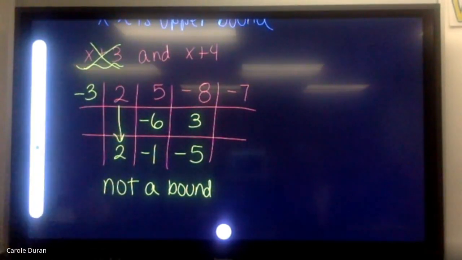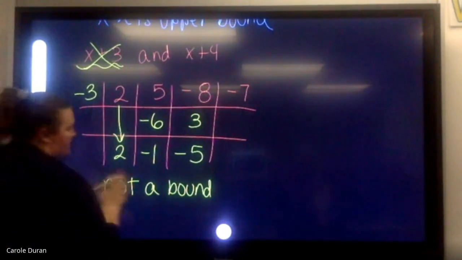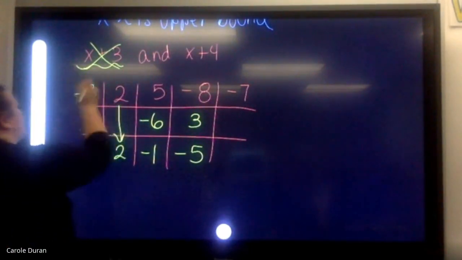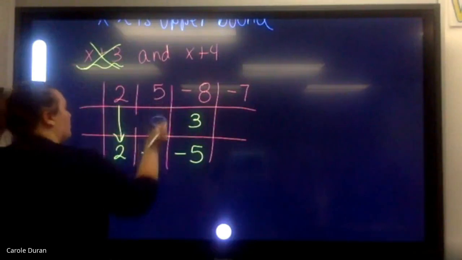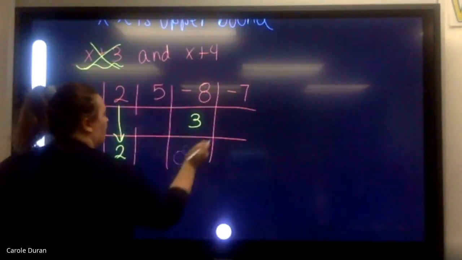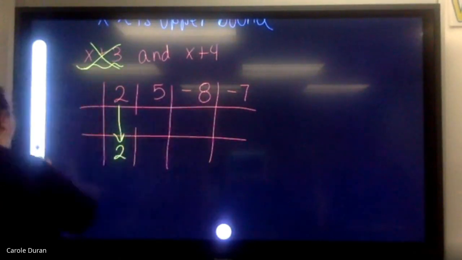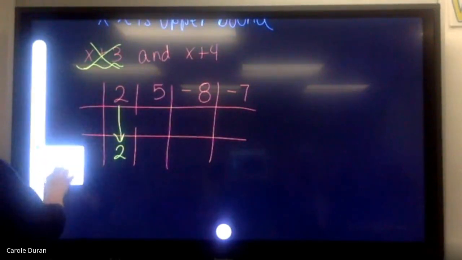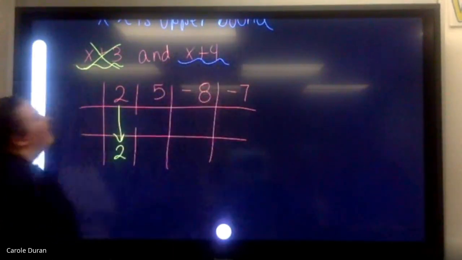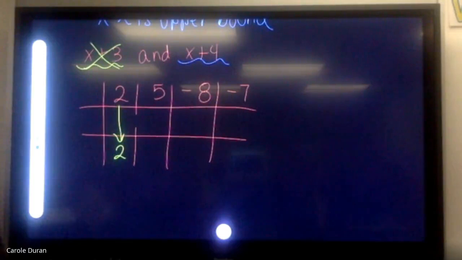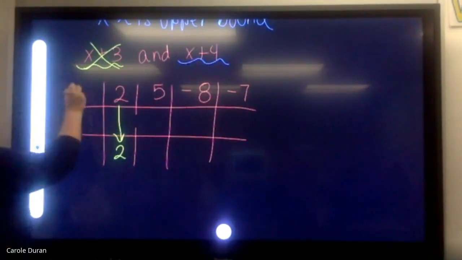So here, I'm going to do x plus 4. I'm going to erase all this. Interesting, right? So much fun. x plus 4 is the next one I was told to test. I set that equal to 0 and solve for x, and I get negative 4.